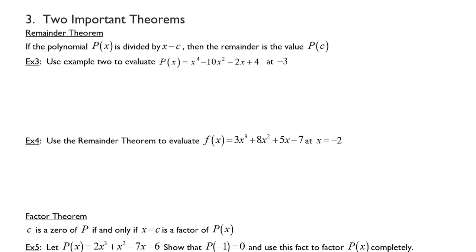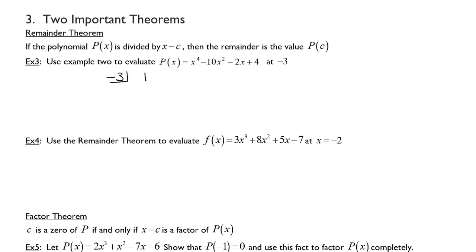If we use the example to evaluate p of x equals x to the fourth minus 10x to the second minus 2x plus 4 at negative 3, we would have the following. My divisor is negative 3.